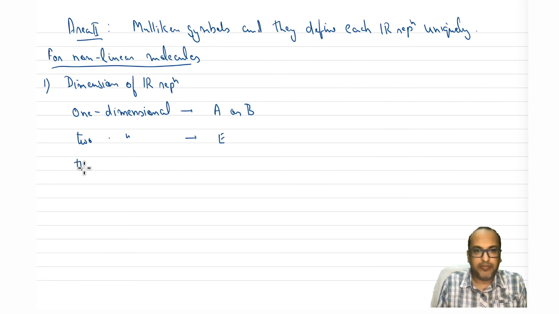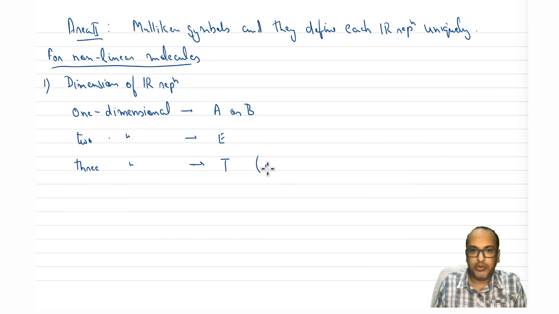If it is three-dimensional, the symbol is T. Sometimes in vibrational spectroscopy, this is used as the F symbol.